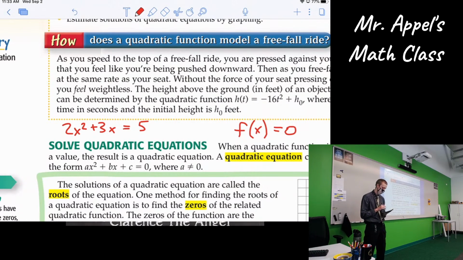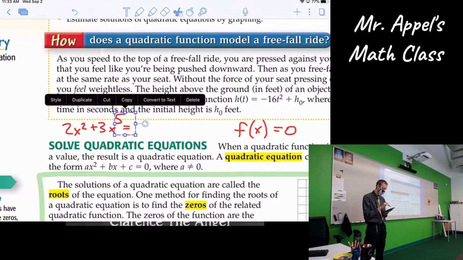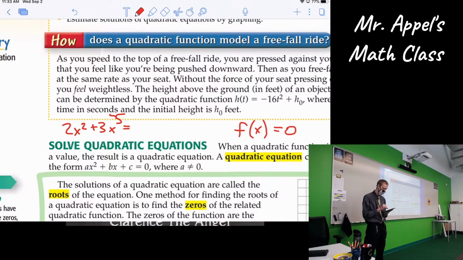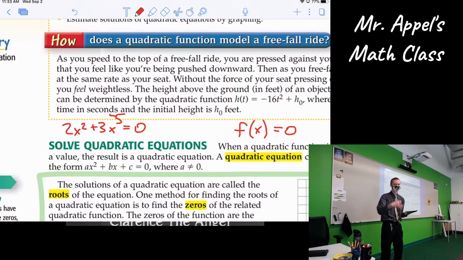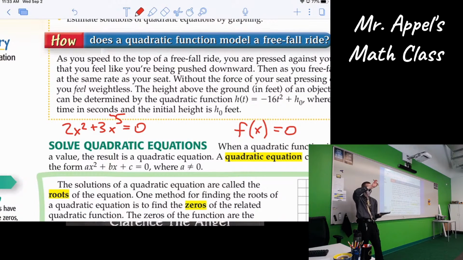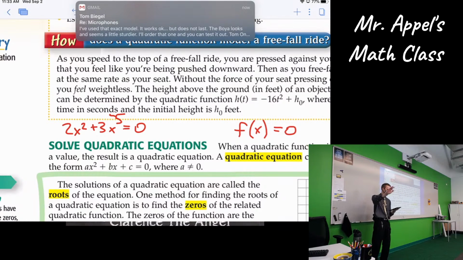Don't panic. You just need to do a slight algebra step. Subtract 5 from both sides, right? So we can move that 5 to the other side. Now it becomes negative, and now all that's left here is 0. Okay? So that's the setup. We're looking for quadratic function equals 0. Instead of y equals, we have 0 equals.